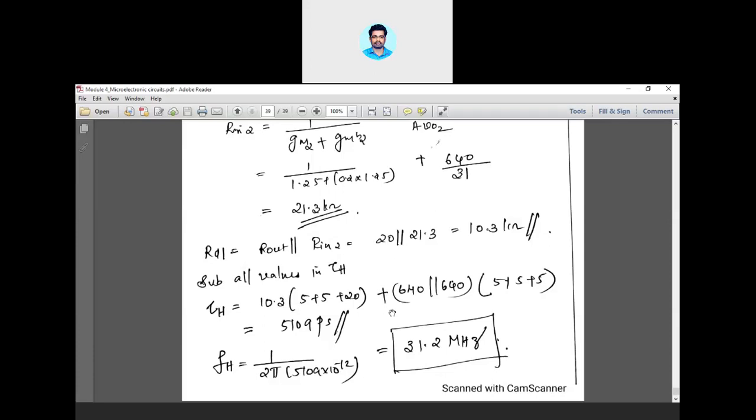The CS stage has a small r0, but the CG stage has A0 into R0. That is the actual R out. That R out should be equal to RL, then only you will get this very large increase in gain. But a very large increase in gain is going to affect your bandwidth. Bandwidth is coming down by the same factor, so you can say that the gain bandwidth product remains constant.